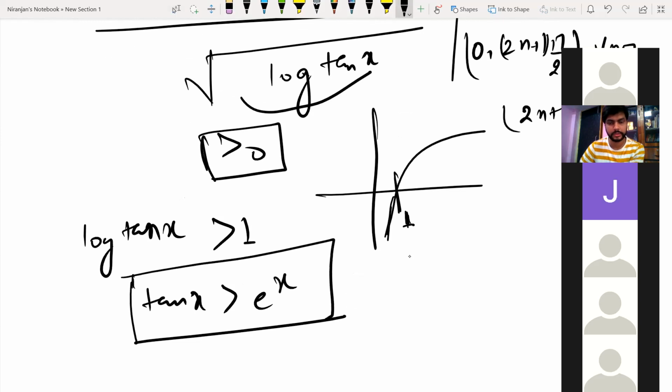Right? So for what value of x can I say that tan x is positive? Tan x is greater than e to the power x.